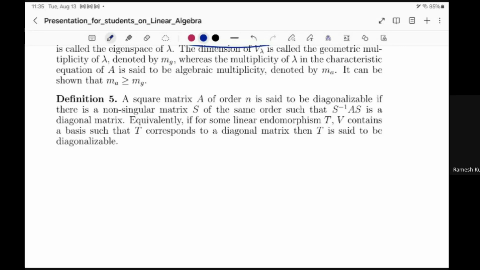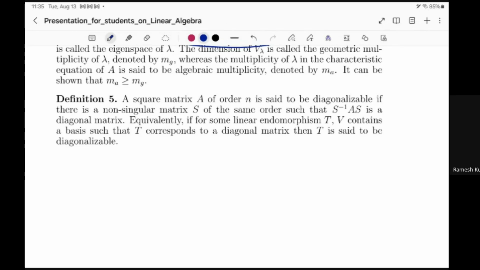But you see, this definition doesn't help. Why doesn't it help? Suppose you find some way to check that it is diagonalizable. For example, you can find all the eigenvalues, and check that for all of them the algebraic multiplicity is equal to the geometric multiplicity. Then, as I mentioned, it is diagonalizable.